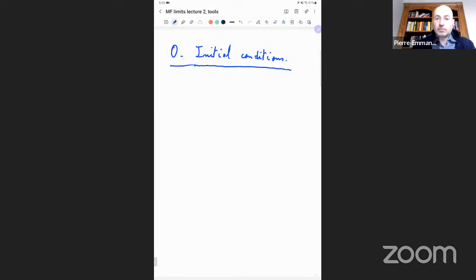Now, again, let's say that we have a second order model. So I have something like this. And now I'm going to take the mean field scaling immediately.